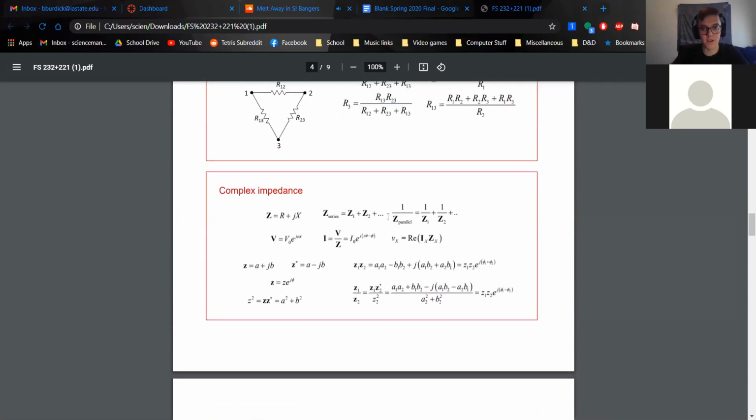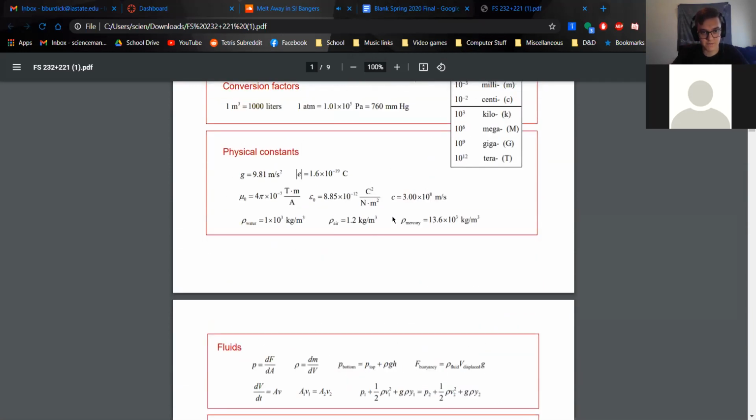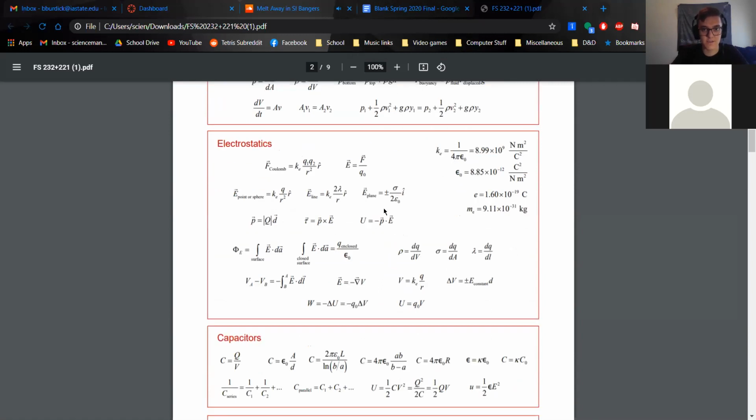E field of a plane. Okay, so back up to electrostatics. Yeah, so it depends on the sign of... you may remember if you use Gauss's law, then the E field lines, if you have a positive charge sitting on a surface, so imagine you have just an infinite plane, and on that plane it's got a certain amount of charge per unit area on it.